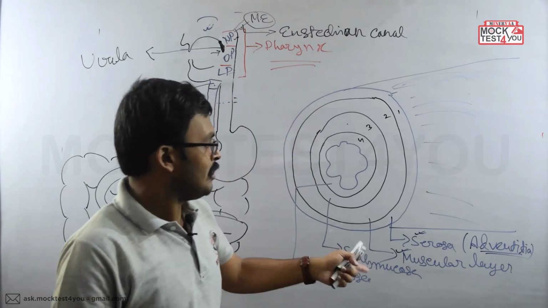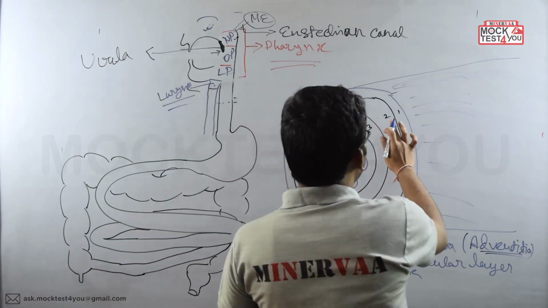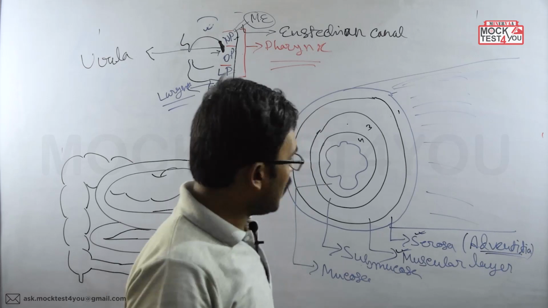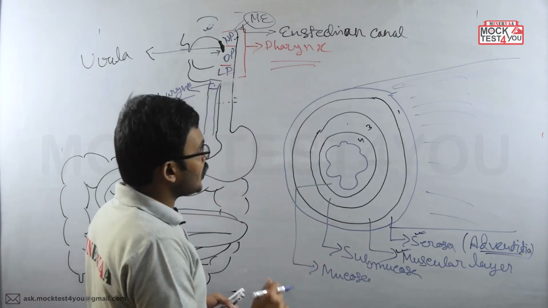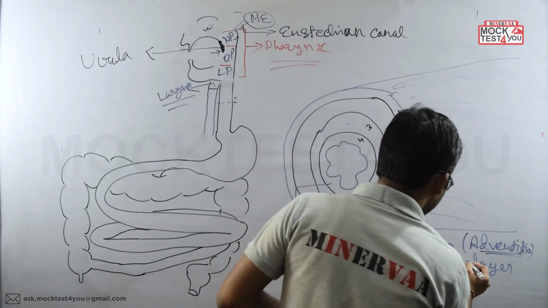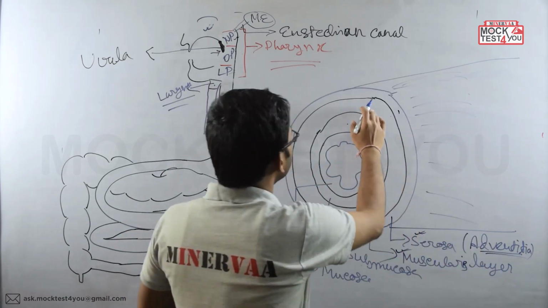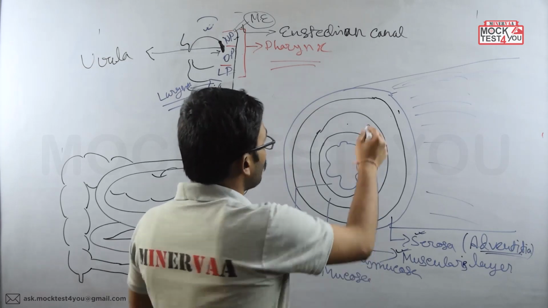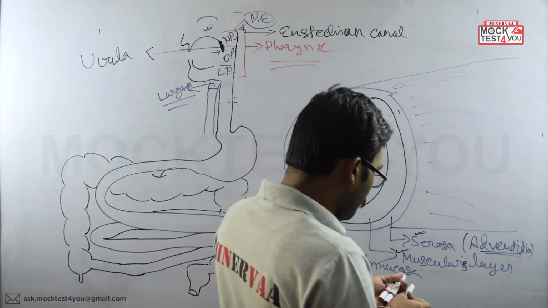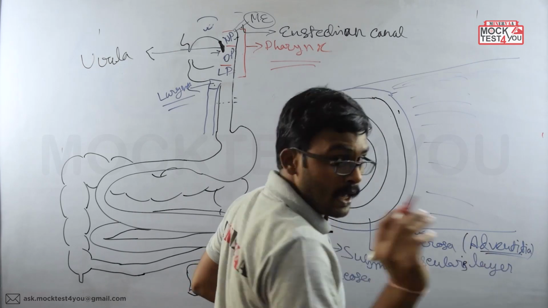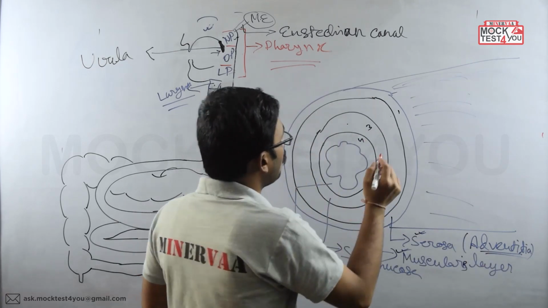Now if I see the muscularis layer, from outside to inside, if I go, then we are getting two layers, okay.